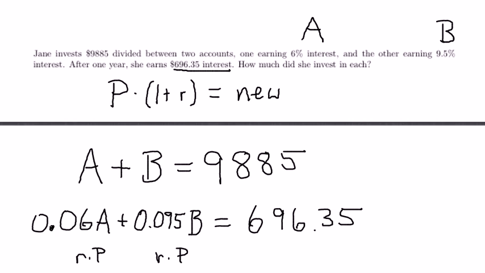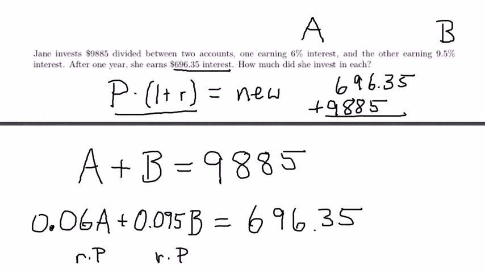If I wanted to use the 1 plus rate equation, I would have replaced 696.35 with the total amount of money, which comes from adding the interest to 9,885. That would be if I used this version, but instead I just used the interest.